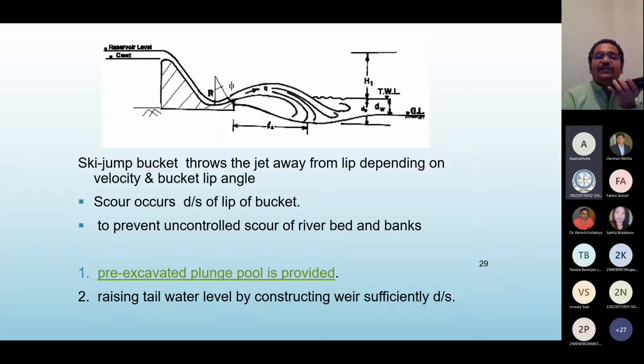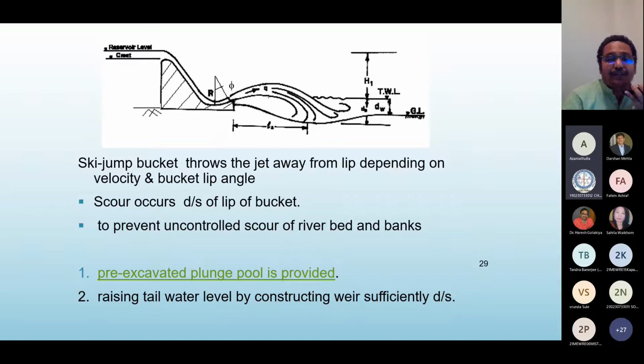And also, wherever strong hard rock and tail water level are available, then only you go for this, which is another challenge. Scour takes place only due to high velocity. Rate of change of momentum equals force, depending on the radius and lip angle.